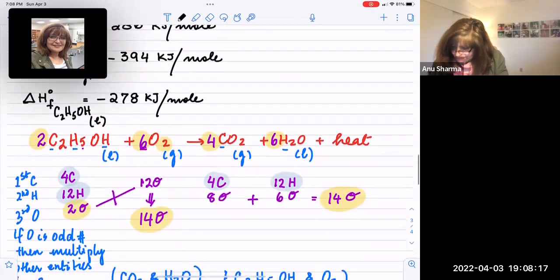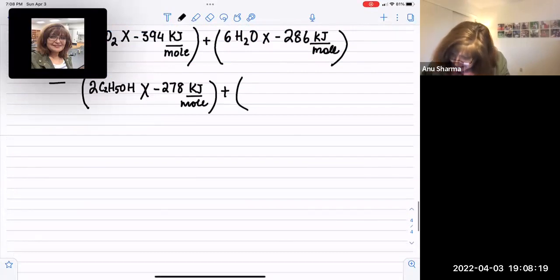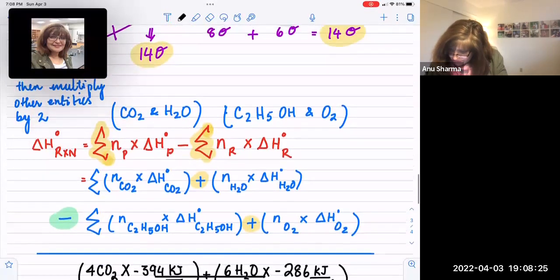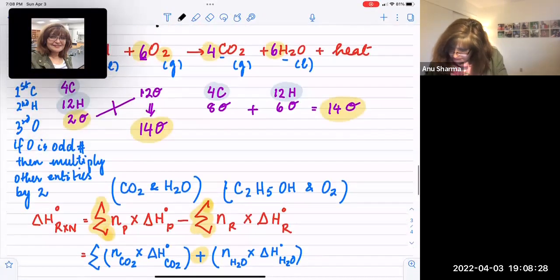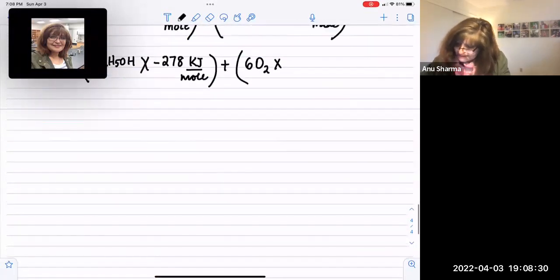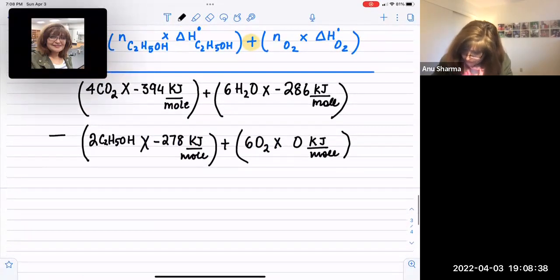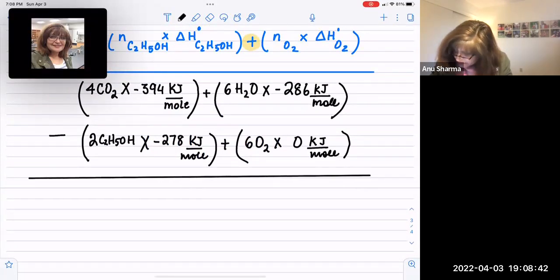So here we have 6 oxygens times, for the oxygen, yes, it would be 0 kilojoules per mole. So for O2, it's that for diatomic molecules. And now you are going to bring in these numbers.